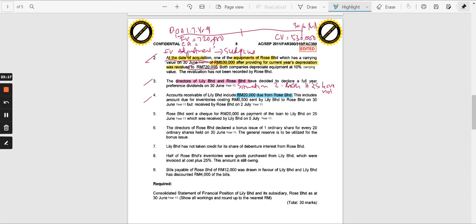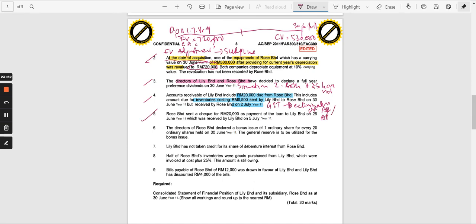Identify who is the seller, who is the buyer. And that was sent here, only reached Rose by 2nd of July. So that is going to be goods in transit. So there is going to be goods in transit, and these goods in transit will be the ones that you are going to be recognizing in order to do the elimination of the intercompany accounts receivable and accounts payable.